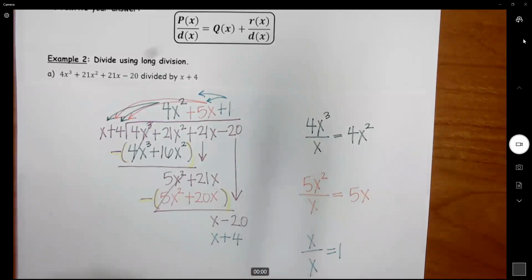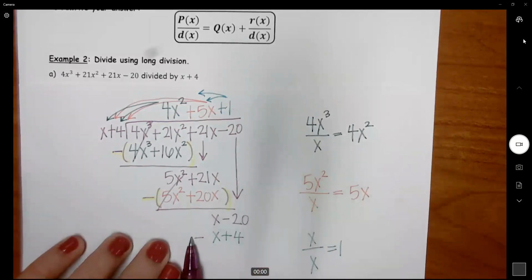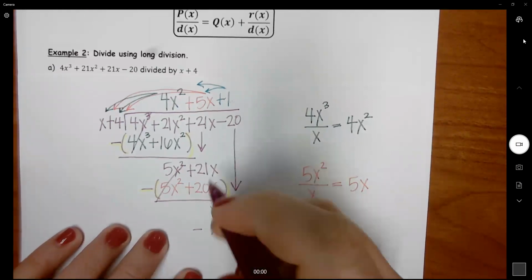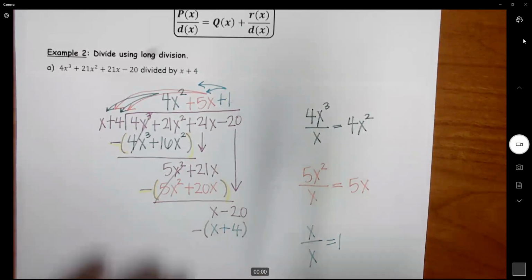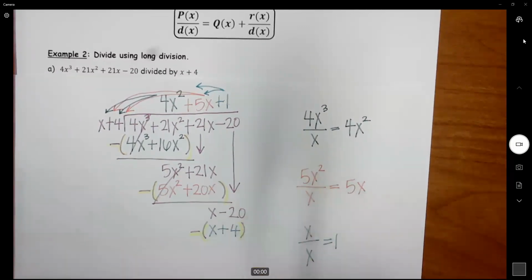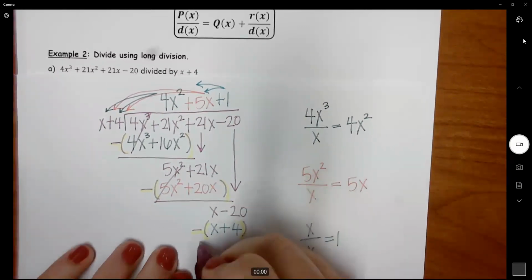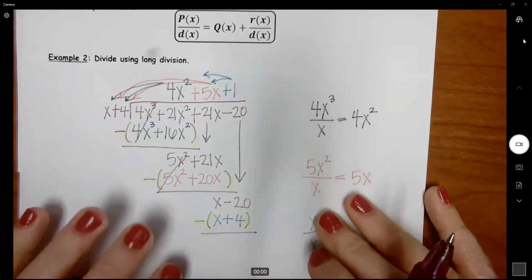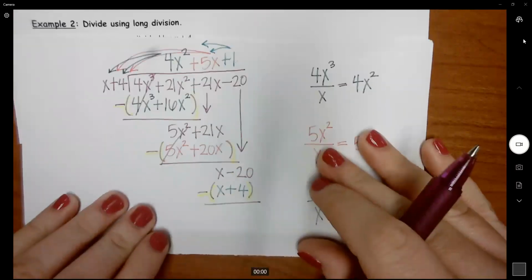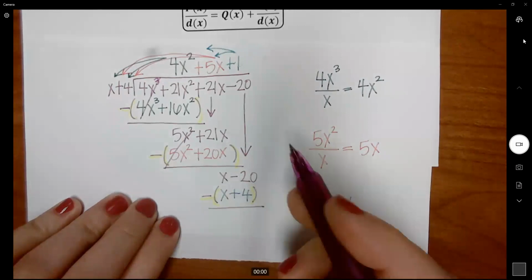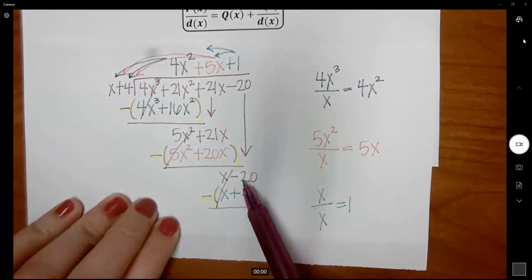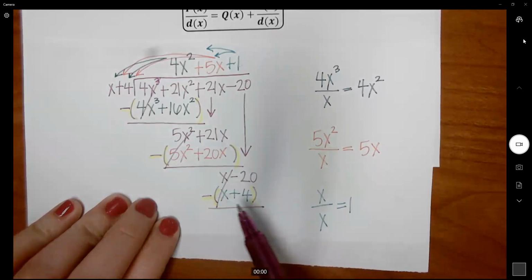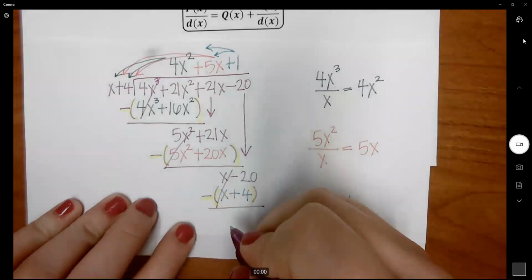The next step is to subtract, but I am not just subtracting the x. I am subtracting this entire thing. So x minus x cancels, and this is not 20 plus 4. This is negative 20 minus 4 to get negative 24.